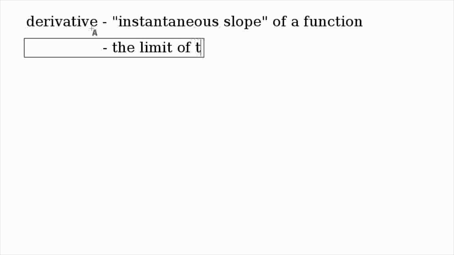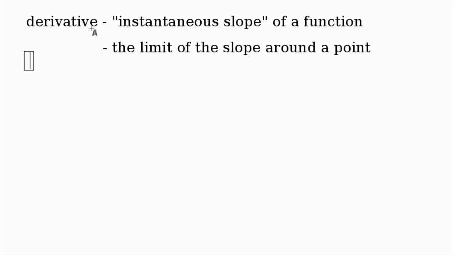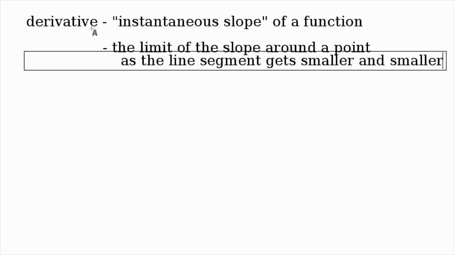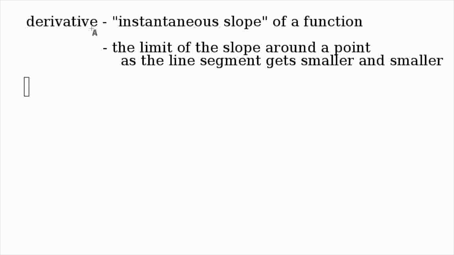The limit of the slope around a point as the line segment gets smaller and smaller. So as I shrink the line segment around a point, the slope's going to approach something. The limit of what it's approaching, that's how we're going to define the derivative.